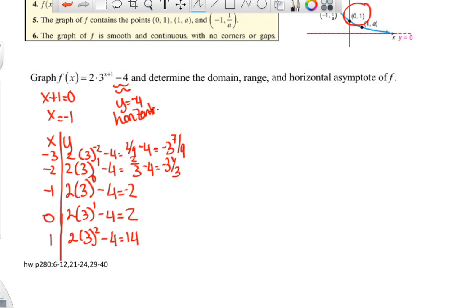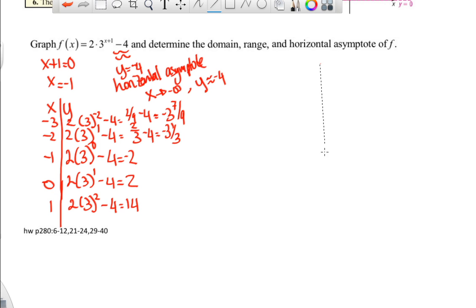Okay, you won't quite get there. But if we pick a very large negative x, then the function will almost be a negative 4.